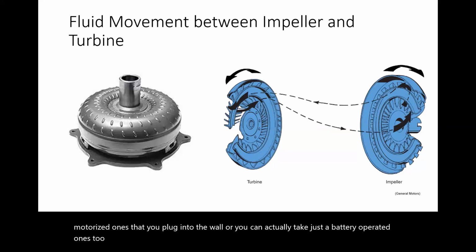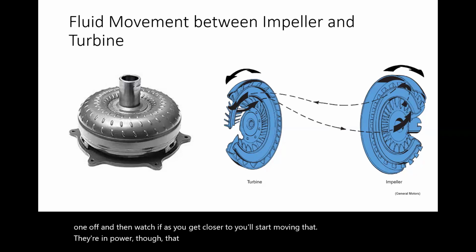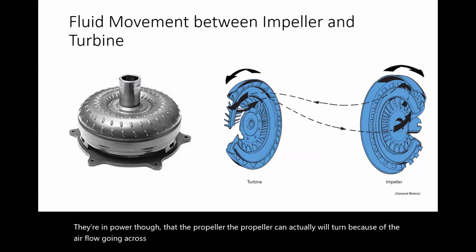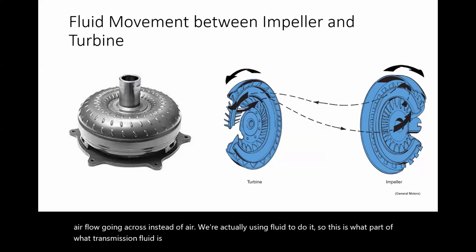You take one fan and have that one on, where you turn the other one off, and then watch as you get closer to it, you'll start moving that other impeller. So that propeller actually will turn because of the airflow going across. Instead of air, we're actually using fluid to do it. So this is part of what transmission fluid is used for.